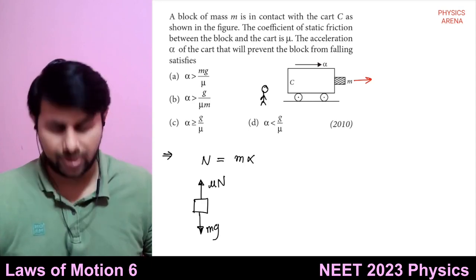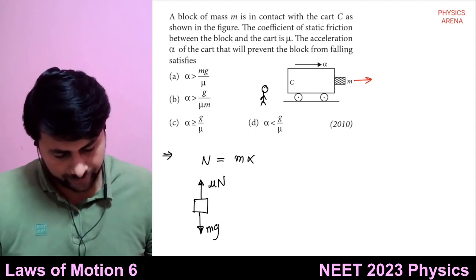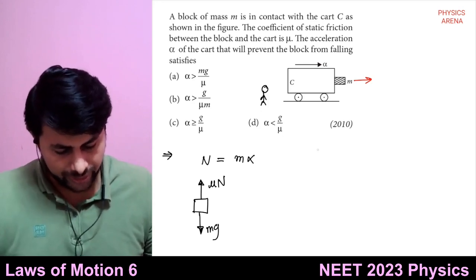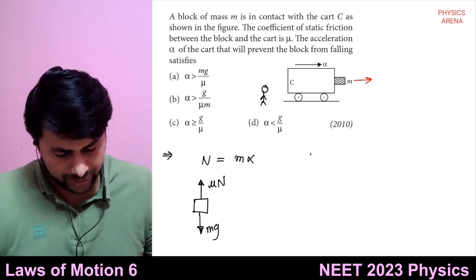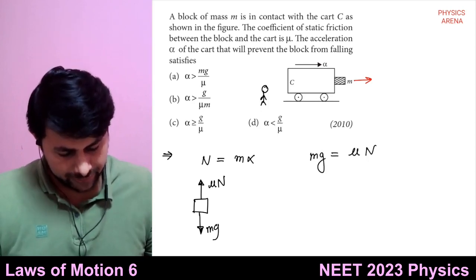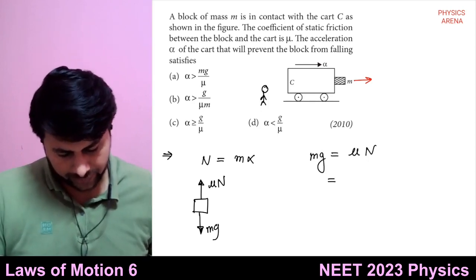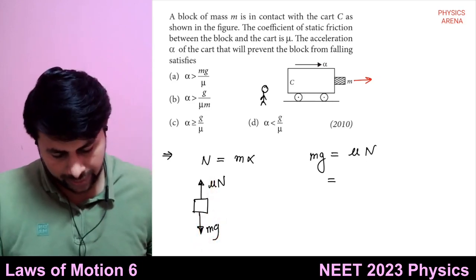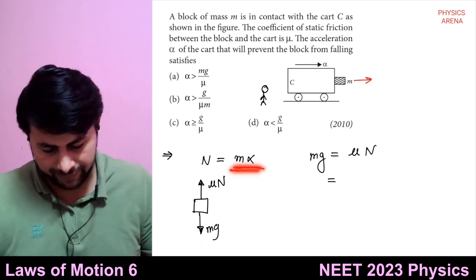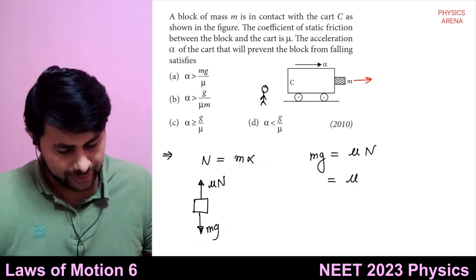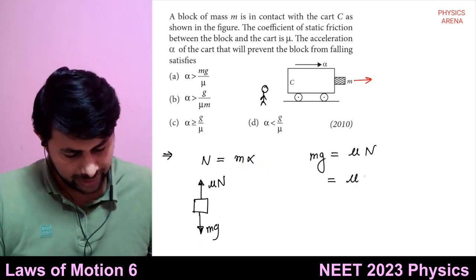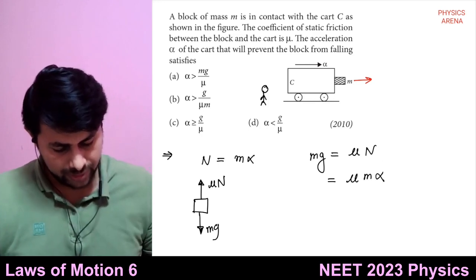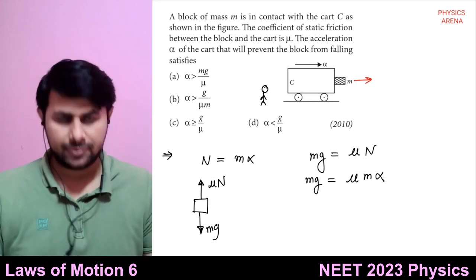It's mu times the normal reaction. So mg is equal to mu times the normal reaction. Weight is balanced by the frictional force. And the normal reaction is m times alpha. So mu multiplied by m times alpha is equal to mg.